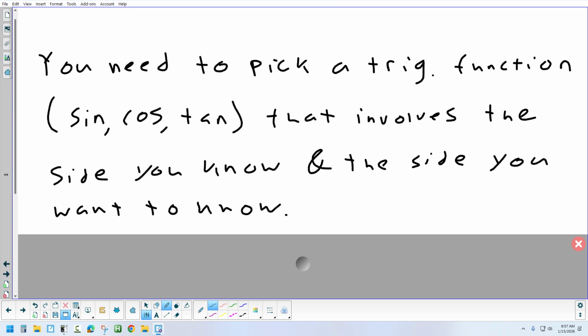If you are given the hypotenuse and you're trying to find the opposite, that would be a sine problem, because those are the 2 sides involved with sine. If you were given adjacent and you're trying to find the opposite, you've got to think, okay, they gave me adjacent, I'm trying to figure out the opposite. Which trig function has opposite and adjacent? It's tangent. So the trig function you use is determined by the sides you know and the side you're trying to find.